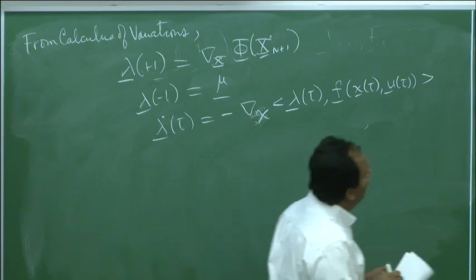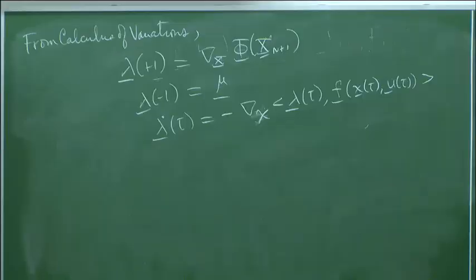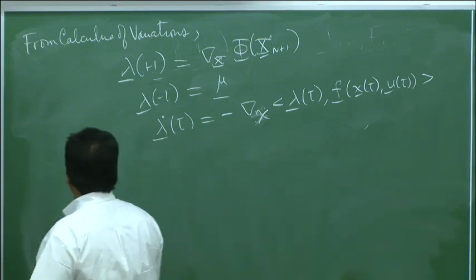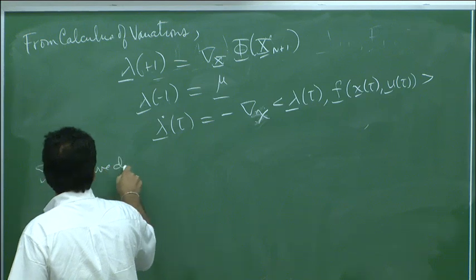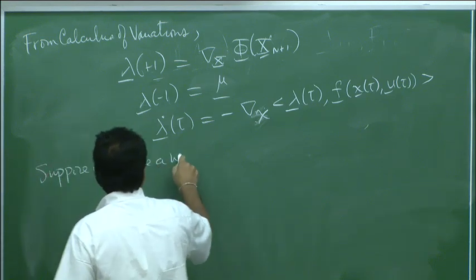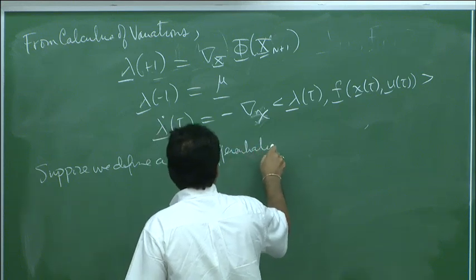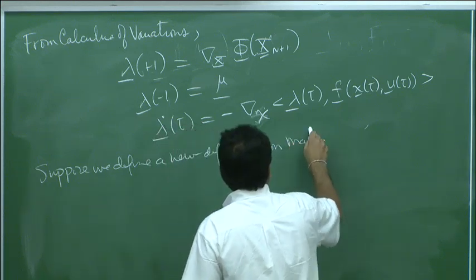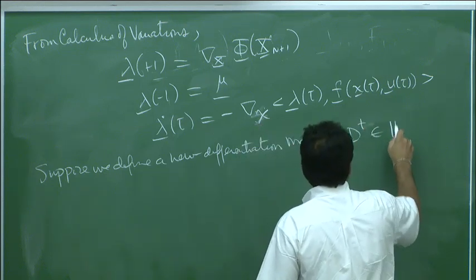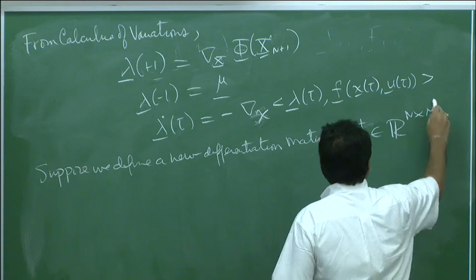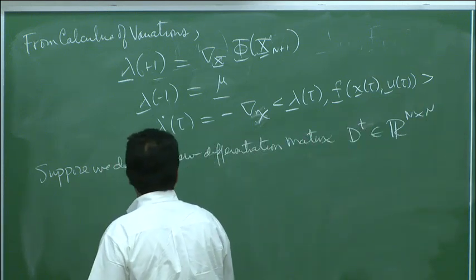So that's what we would get if we were going to apply the calculus of variations. So what we want to do is make these equations over here look like those equations over there. The way we do this is as follows. Suppose we define a new differentiation matrix, and I'm going to call this differentiation matrix D dagger again. But in this case, unlike Gauss, this is actually an element of R^(N by N), where it looks like this.